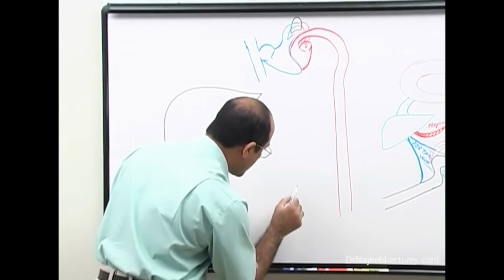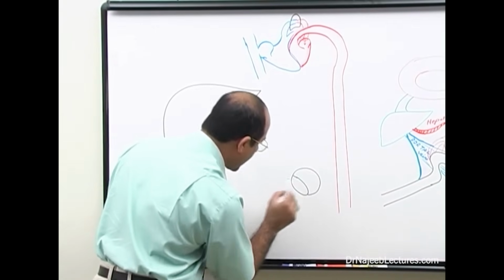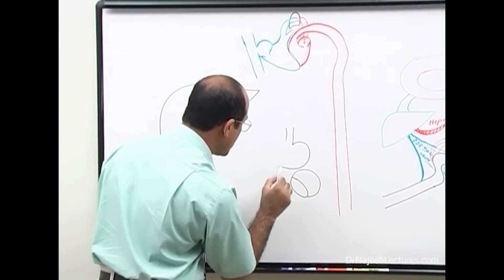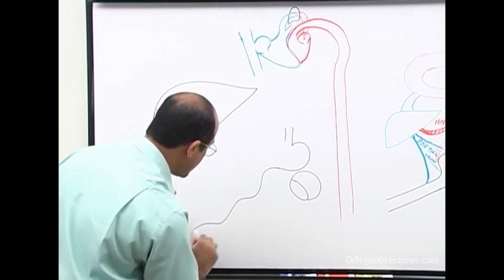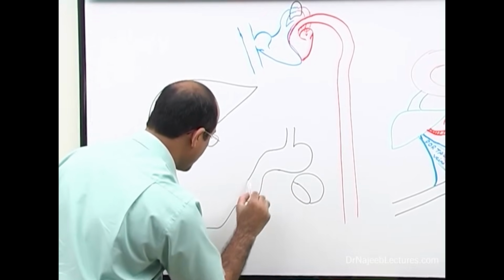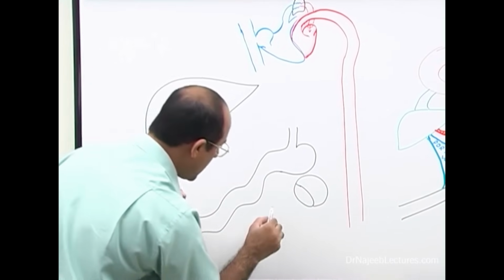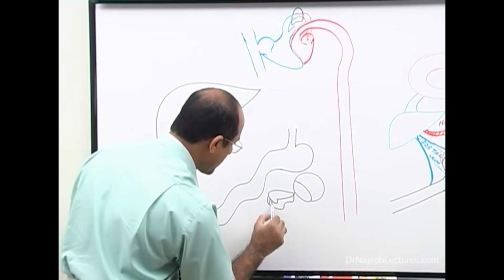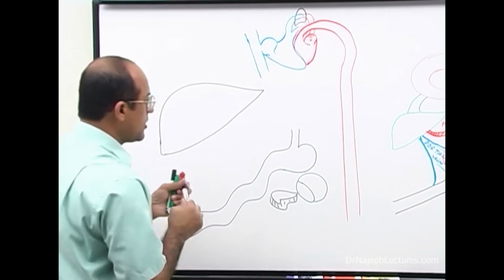Here is your spleen. It is not an anatomical diagram, it's a functional diagram. Here is your small intestine, am I right? Let's suppose here I put your pancreas, right?